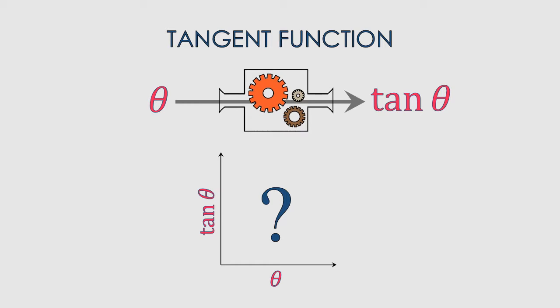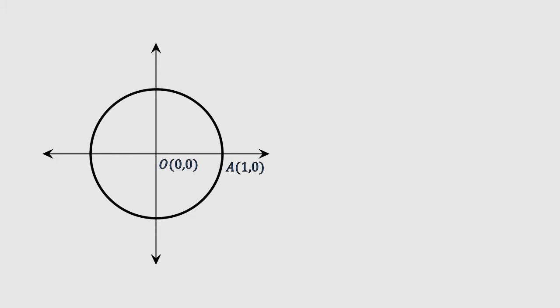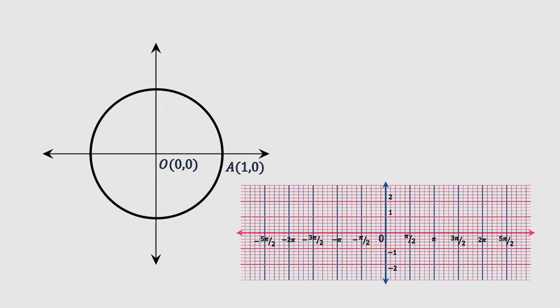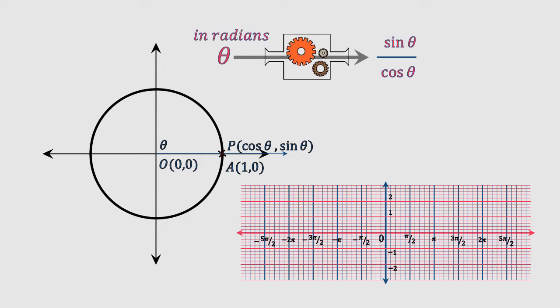Now that we have covered both sine and cosine, let's look at the graph of the tangent function. Back to the unit circle and a graph to visualize the tangent function. We start with the 0 radian angle. We know that the tangent is the ratio of the sine and the cosine of an angle.